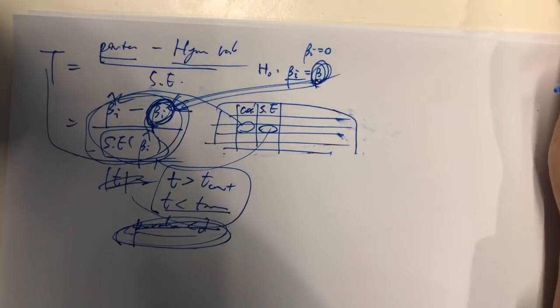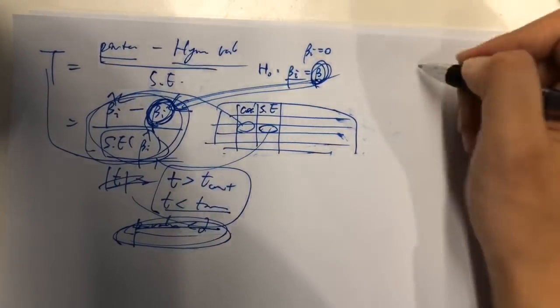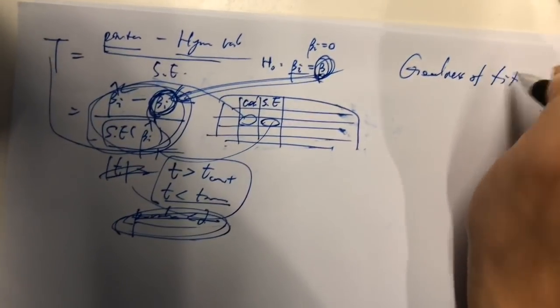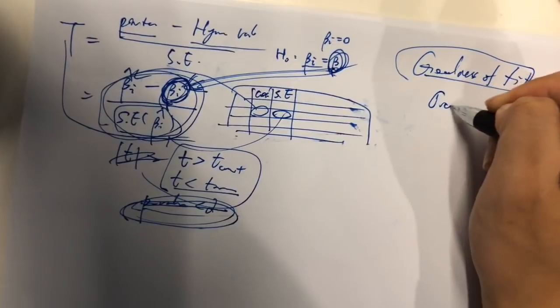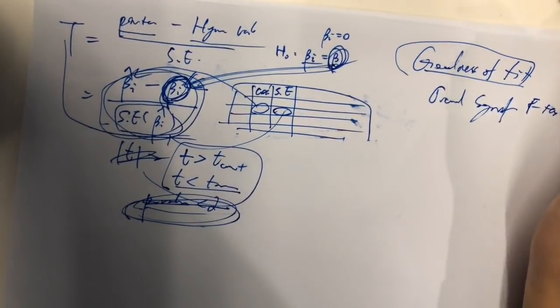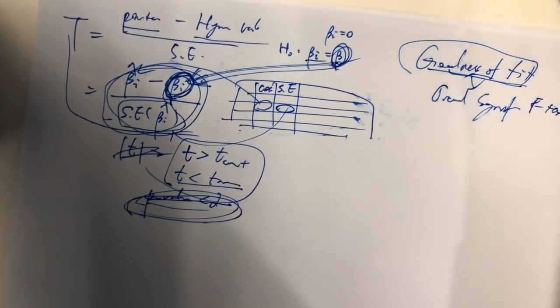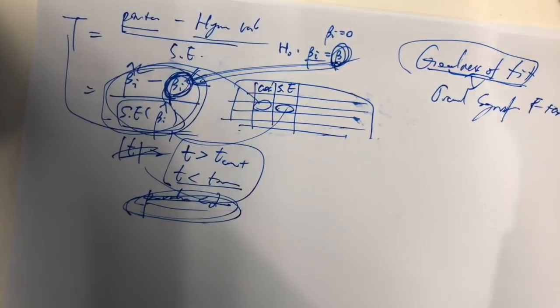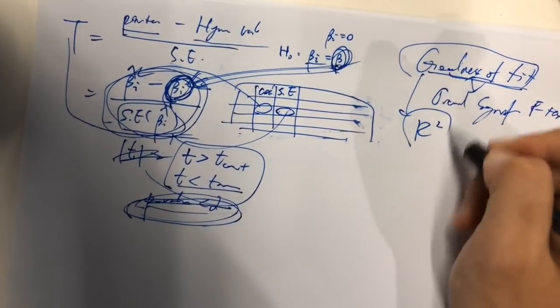Can you please explain how to do a goodness of fit test? Oh gosh, guys, what is goodness of fit? It's the overall significance F test. Oh no, I think it's R square, so no test on that.